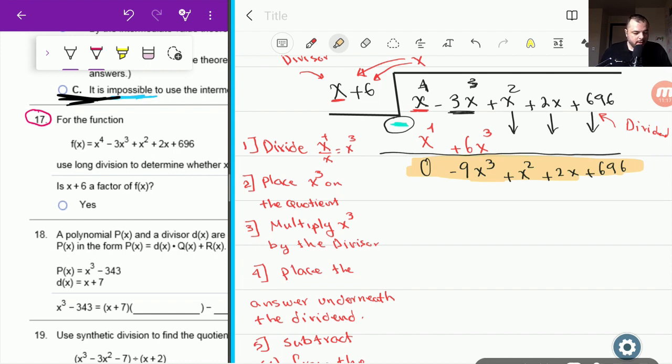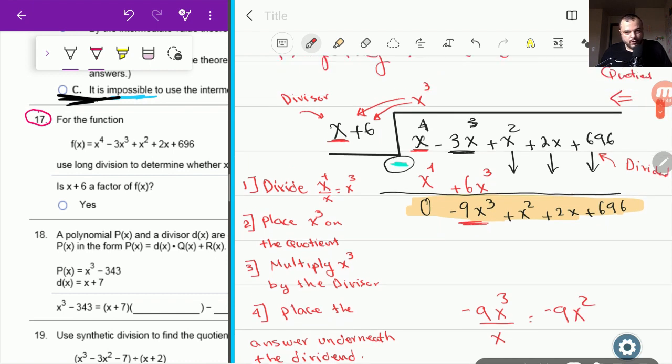You have to divide the leading term over the leading term. What is the leading term? Negative 9x cubed by x. Divide these. What do you get? Negative 9x cubed over x, you're going to get negative 9x squared.